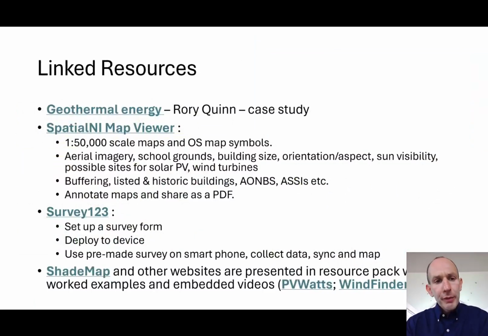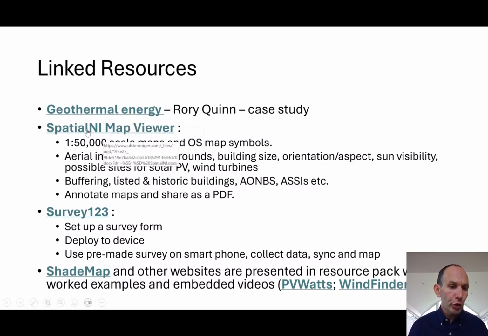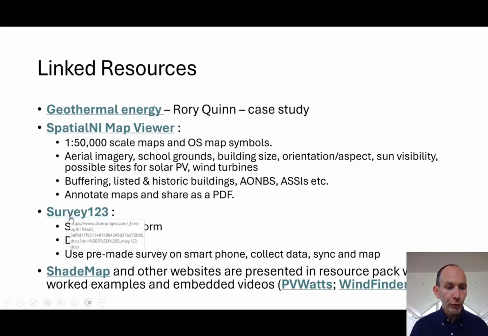So that's a really quick overview of what we're trying to do. Rory has provided a full lecture that's linked in this talk here on geothermal energy. I've also given you a presentation or Word documents on Spatial NI, Survey 123 from Esri, and on Shade Map, PV Watts and Wind Finder.